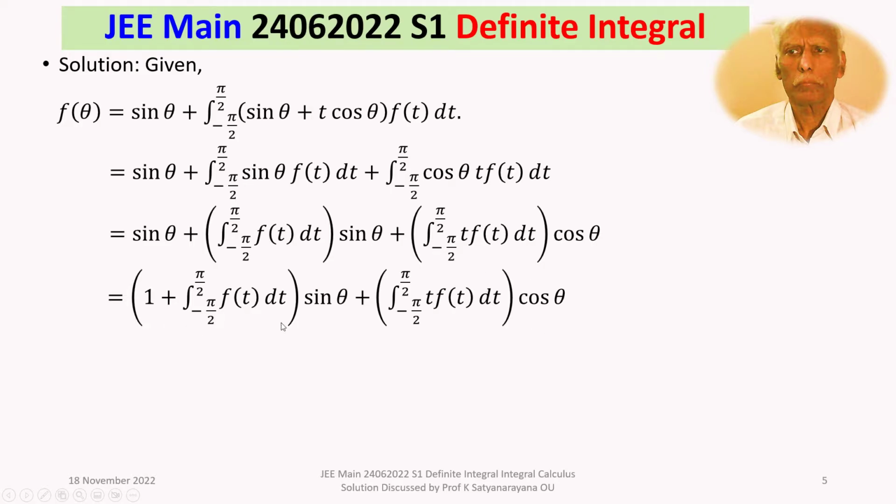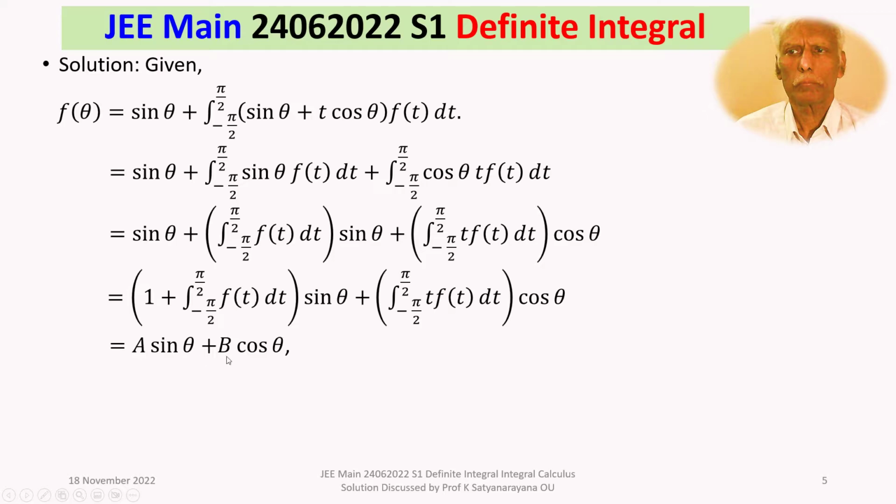Let's call this a, and note down after this definite integral, this comes out as a constant. So this whole thing is a constant. Let's call it a, and this also a constant. Let's call it b.